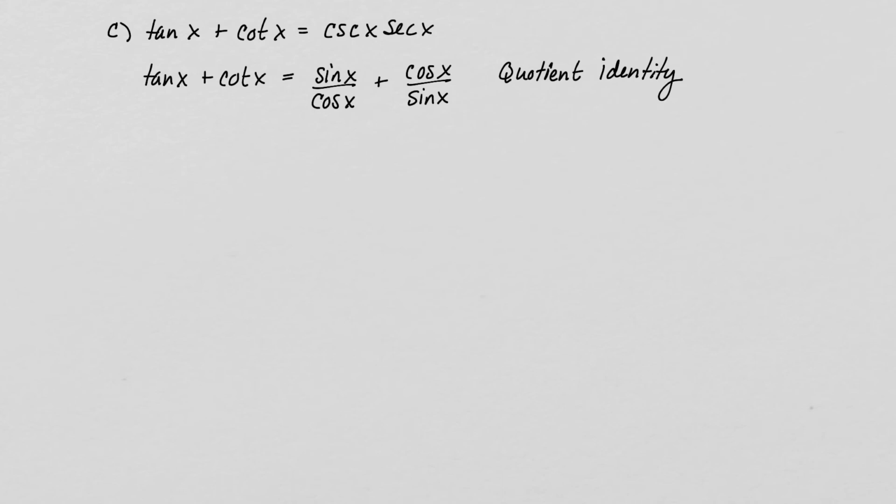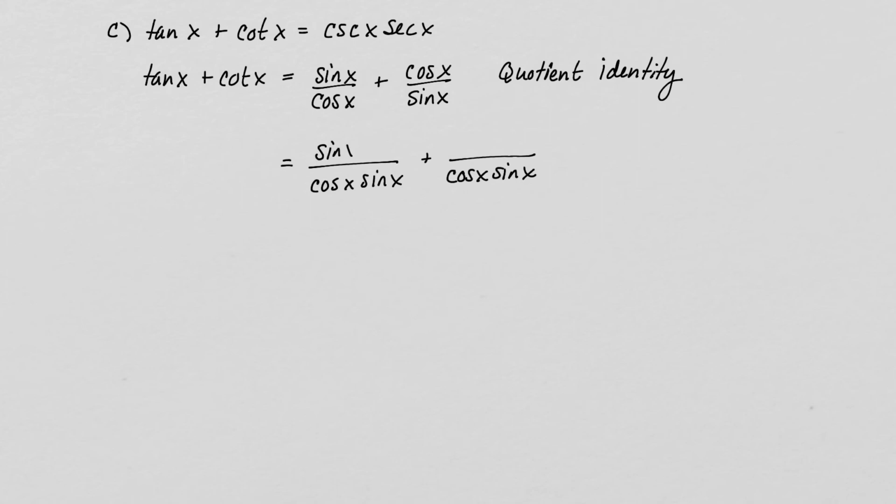And so now I have two fractions, and so what I want to do is make a common denominator. So my common denominator, so I can add the two fractions together, is going to be cosine x sine x, plus something over cosine x sine x. So to get from this bottom here, cosine x, to this bottom here, I had to multiply the bottom by sine x, which means I need to multiply the top by sine x.